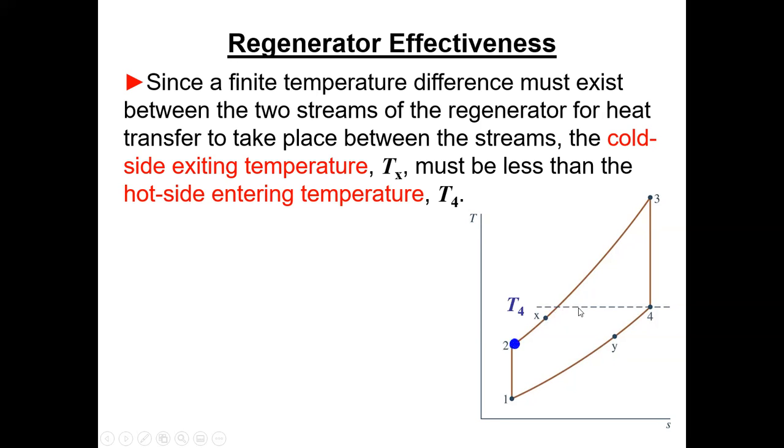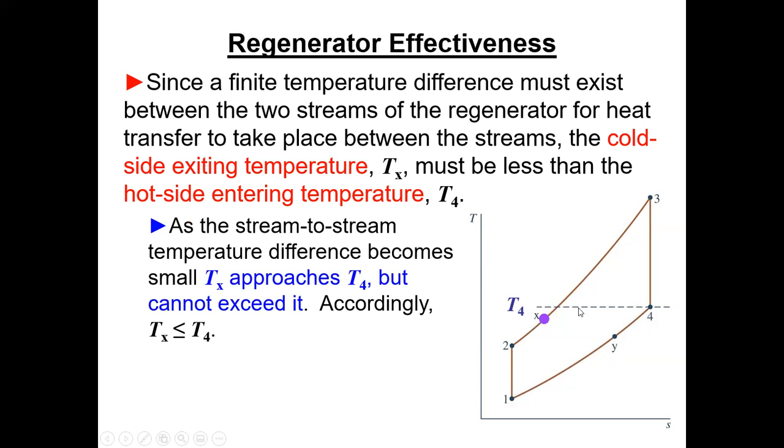So Tx, as the heat exchanger gets bigger, the temperature difference gets smaller. Tx approaches T4 but cannot exceed it. So it goes up there, and then we get a little stop sign.